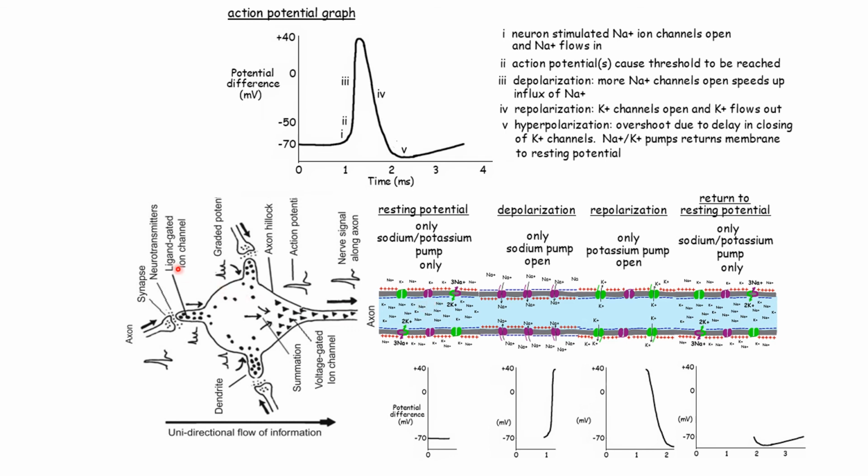So when the stimuli are of sub-threshold level, sodium ions enter into the dendrites. They enter from different dendrites at different times, and they sum up here at the axon hillock.